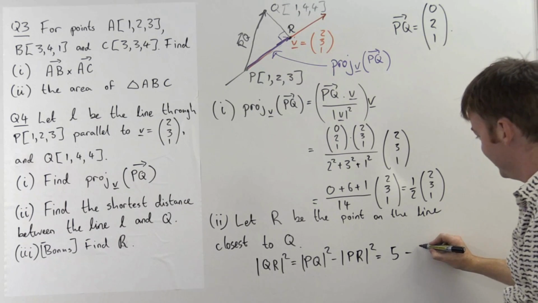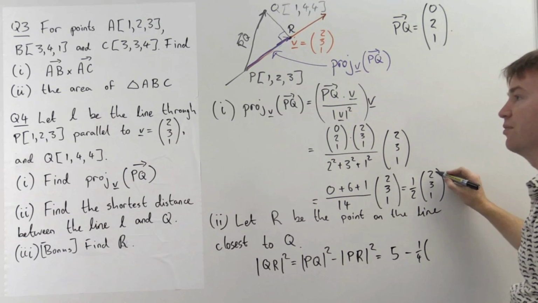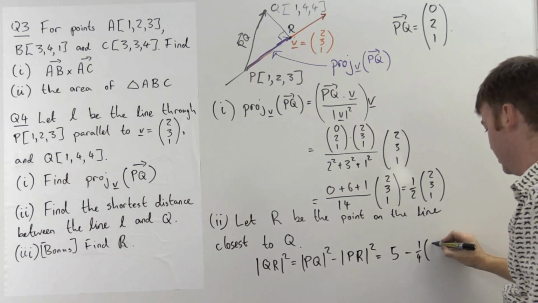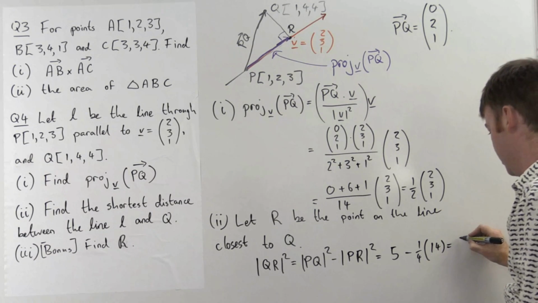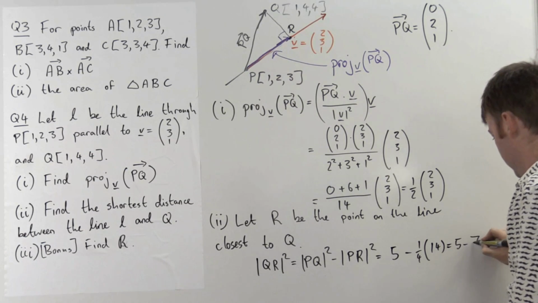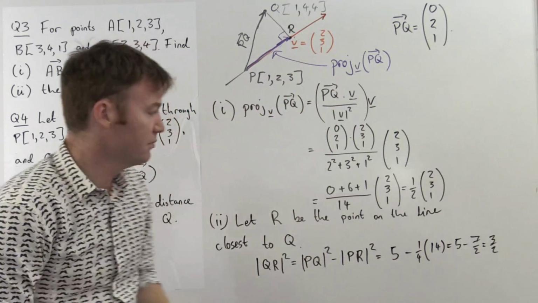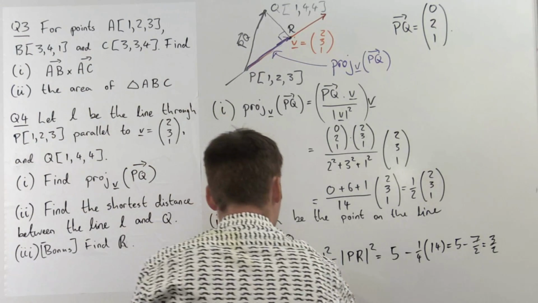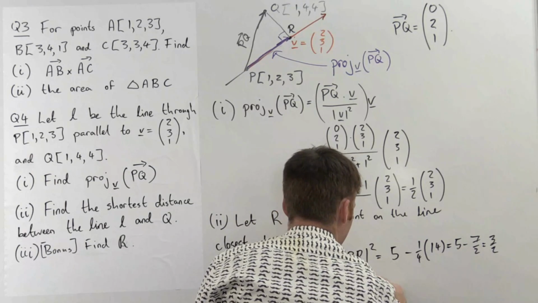That's 1/4, 4 plus 9 plus 1 is 14, which is, okay, so that's 7 on 2. 5 minus 7 on 2, so that's 3 on 2. Looking good. So the length QR is √(3/2).